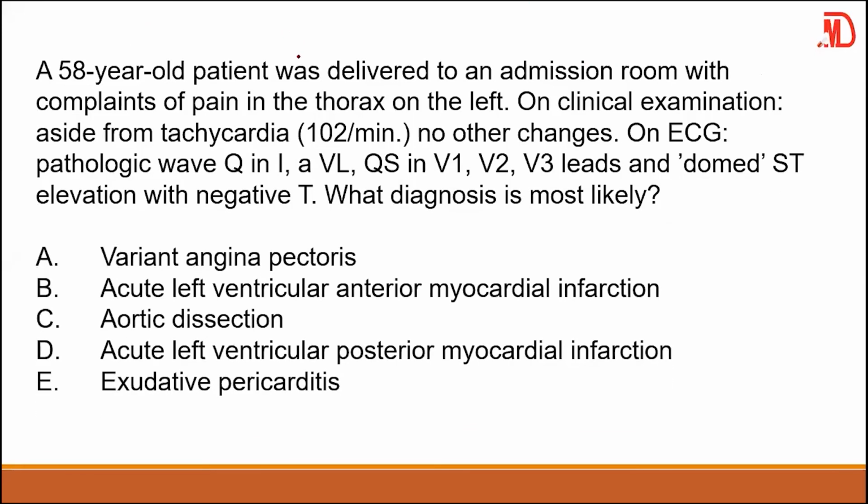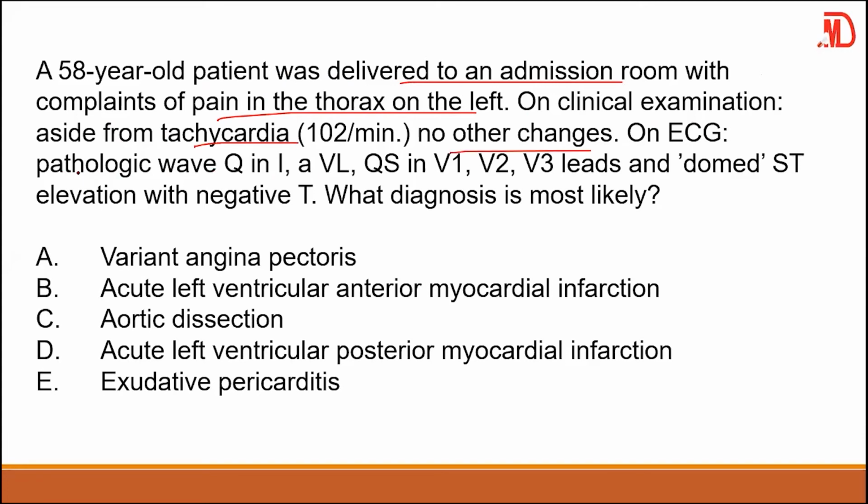A 58-year-old patient was delivered to an admission room with complaints of pain in the thorax on the left. On clinical examination, aside from tachycardia, no other changes are present.